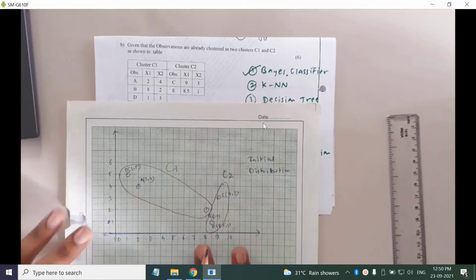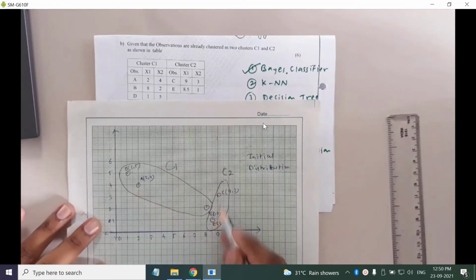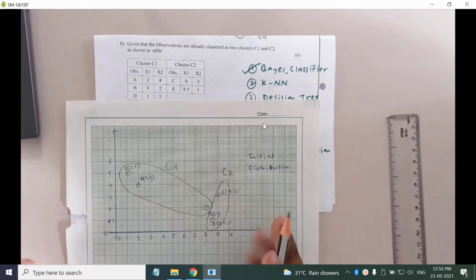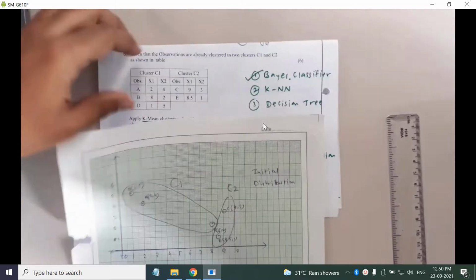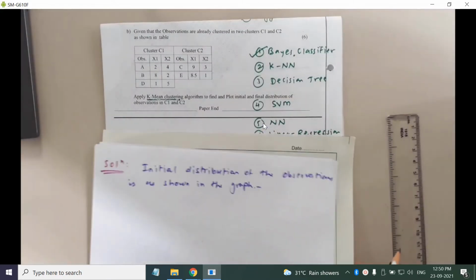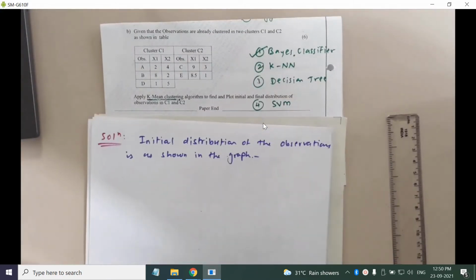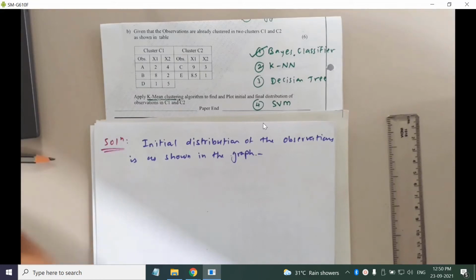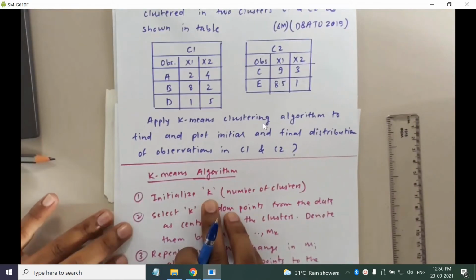It is clear that now B, C, E should form one cluster. So let us prove that mathematically. So we will be applying our algorithm. Now the first step is over, that is the initialization of the k value. The k value is 2.